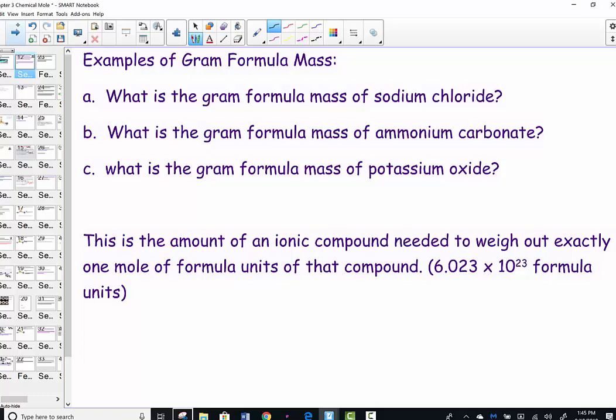Since I know these are formula masses, I know these are ionic compounds, I have to consider charges when I write out their formula. So your tool pages, the periodic table, and the polyatomic ion chart, those are your 2 crutches here to be able to write correct formulas. Write the formulas on your paper to turn in, and then sum each atom to tell me the formula mass.